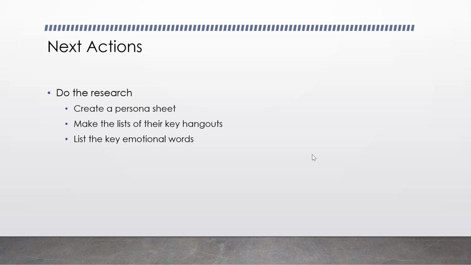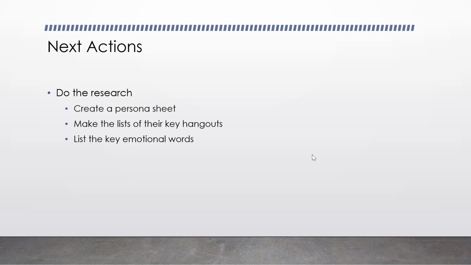All right. Your next actions: go create a persona sheet. I don't care. Go grab one from the internet or just make a piece of paper into it. Get a picture from the internet of somebody who looks like this person that you're trying to shoot for. Give them a name. Start writing down their demographic data. Start figuring out what their psychographic data is.